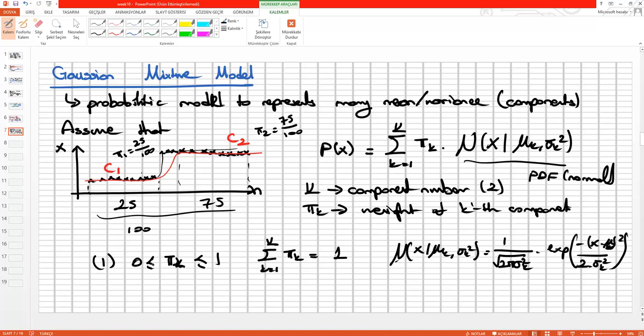So how can we find the best pk, mu k, and sigma square k values? How can we do that?